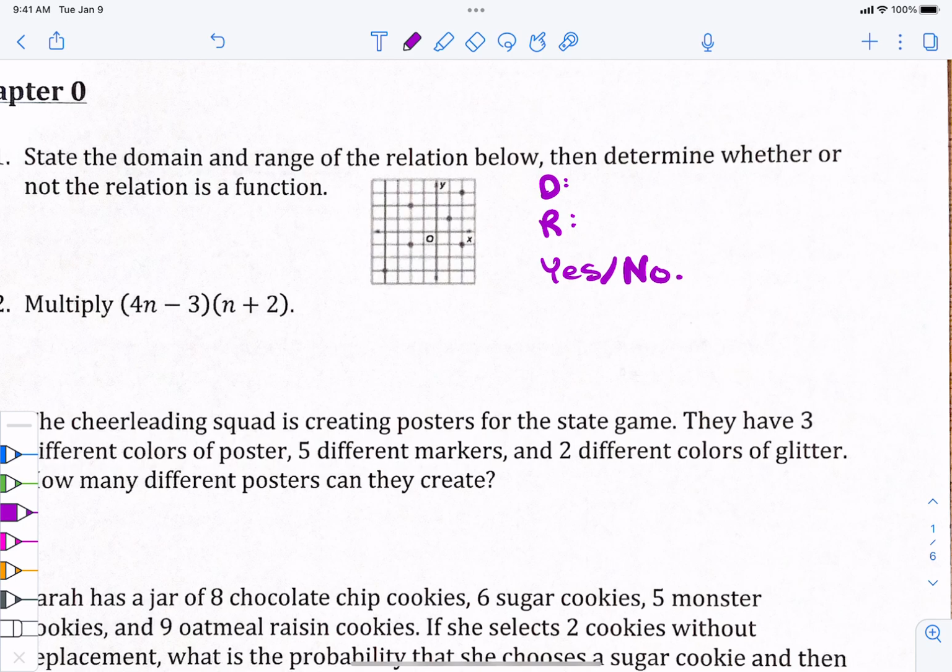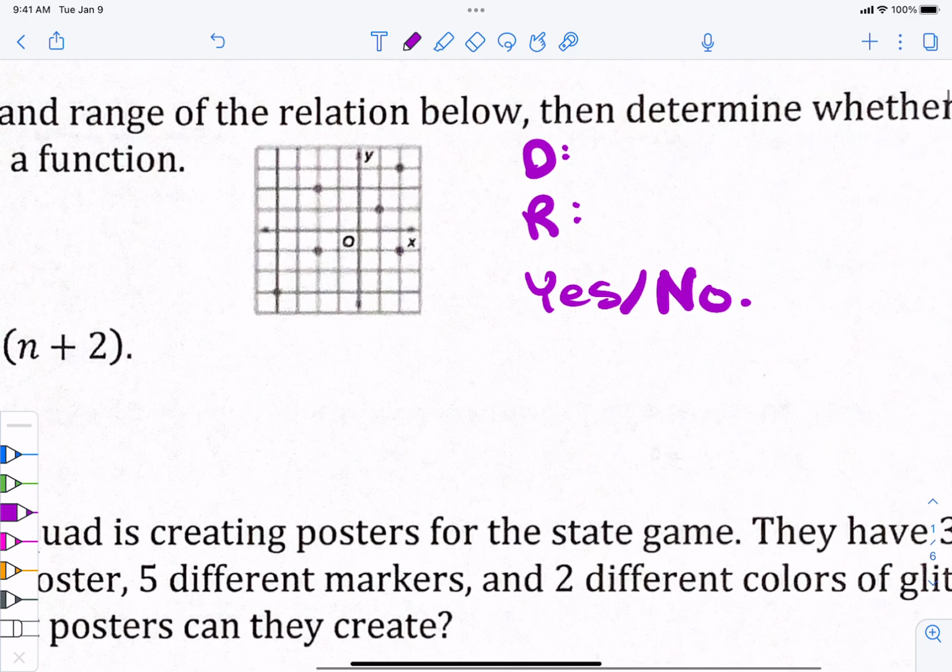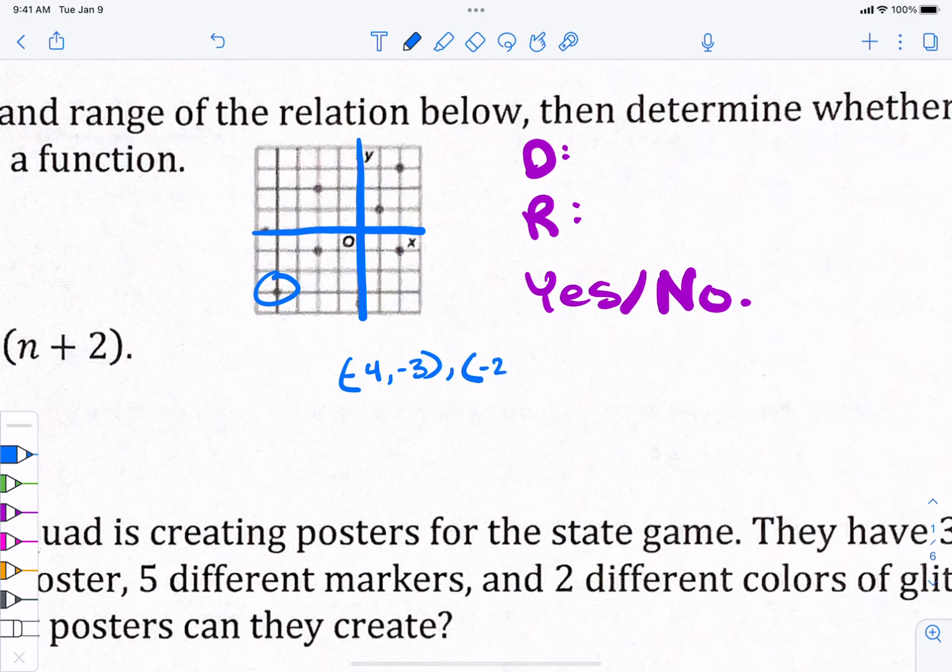I'm going to list out these coordinates. Here's where the x-axis is, here's where the y-axis is. I'm going to start with this left one over here: (-4, -3). It doesn't matter what order you go in, but I'm just going to make sure I get everything. (-4, -3) is one of them. (-2, -1) is another one.